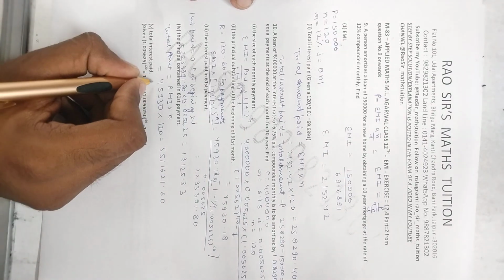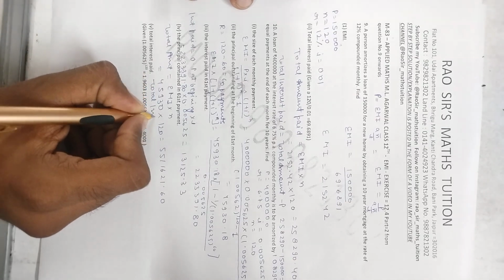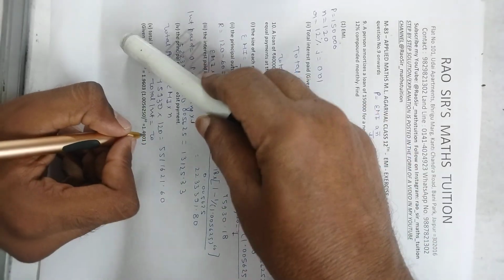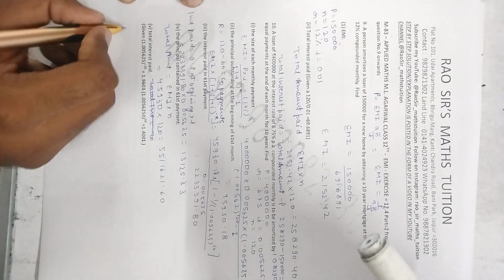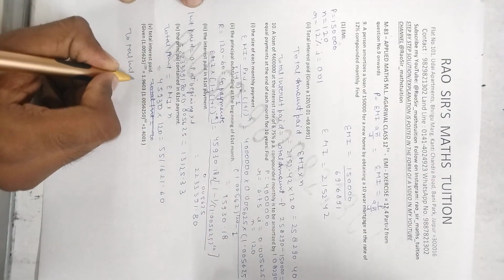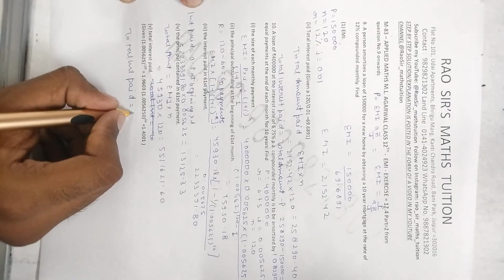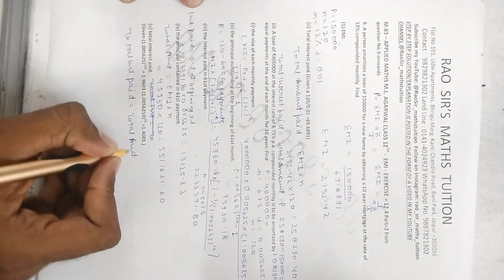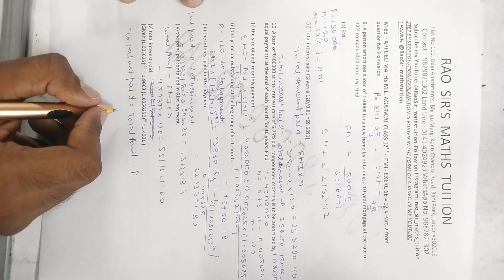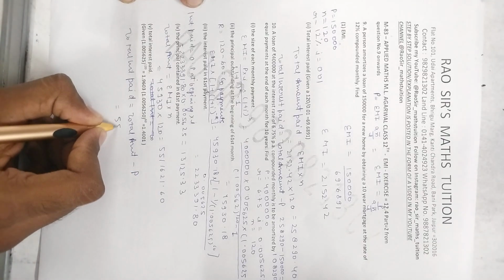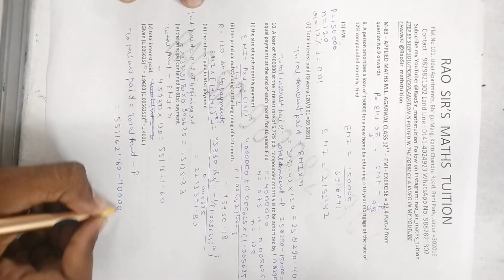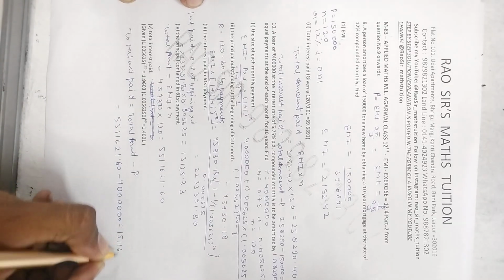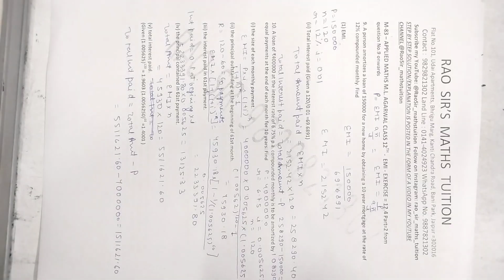And now we are using the formula total interest is equal to total amount minus P, which gives the answer 1,5,62,160. Fine. Yes, sir. Go for the next question.